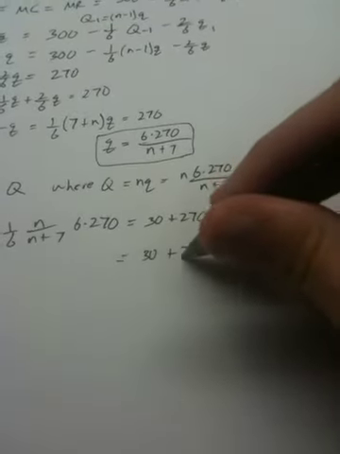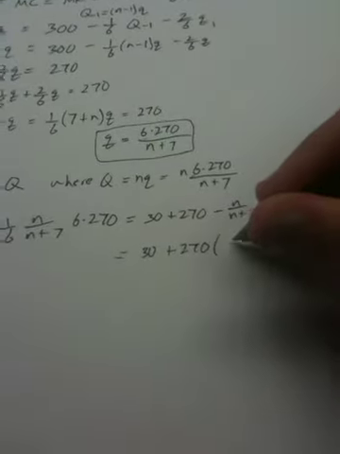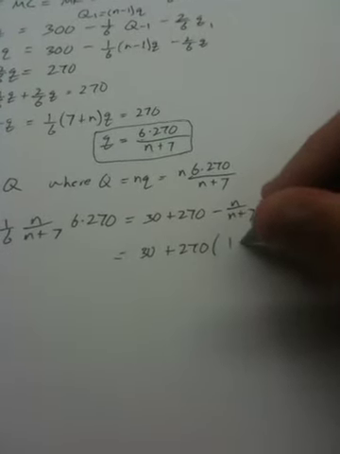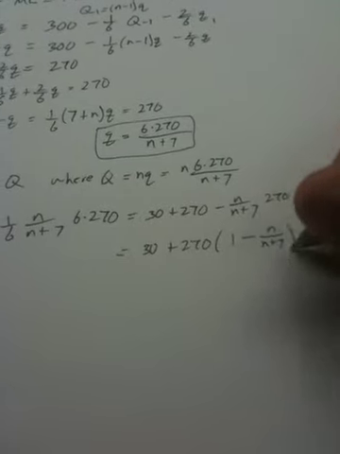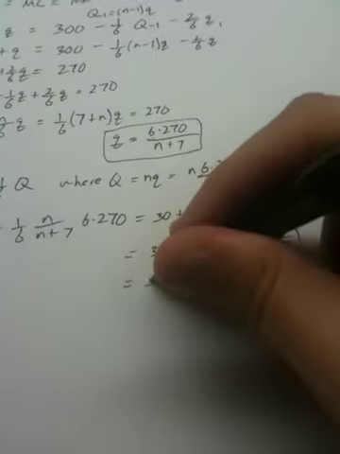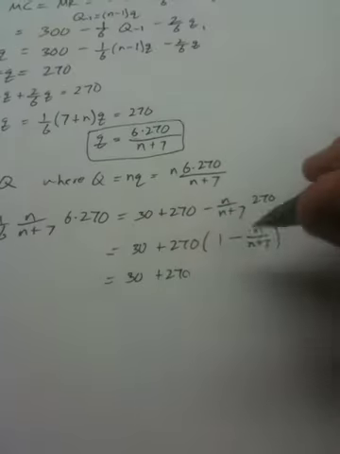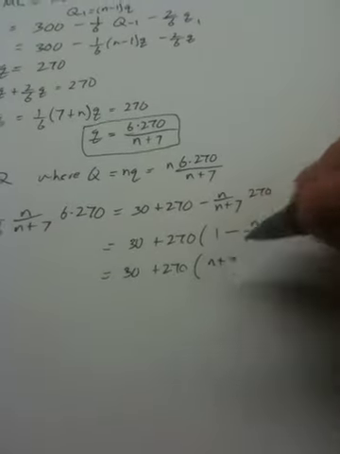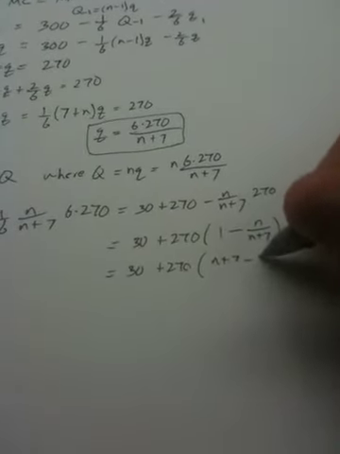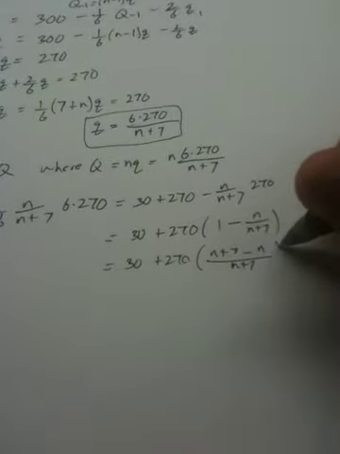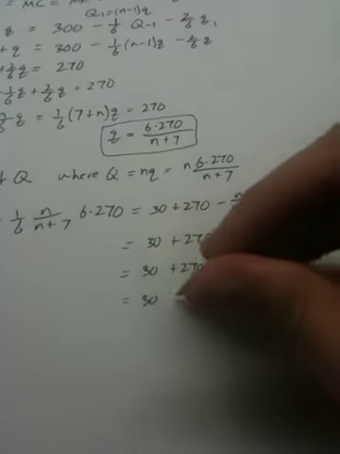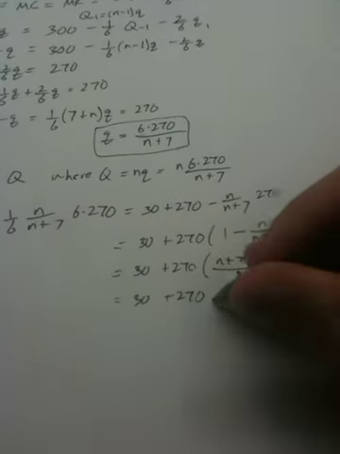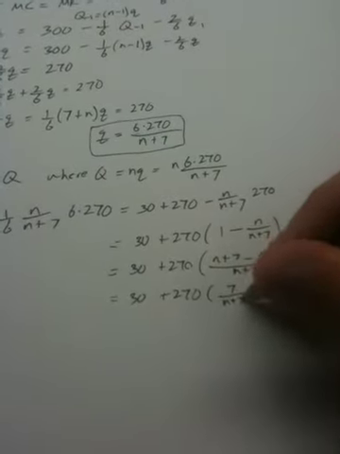So we can write that as 270 times parentheses 1 minus n over n plus 7. And you can rewrite a 1 as n plus 7 over n plus 7, so those n's will cancel out, and you'll get 30 plus 270 times 7 over n plus 7.